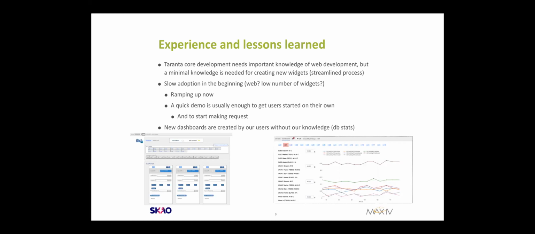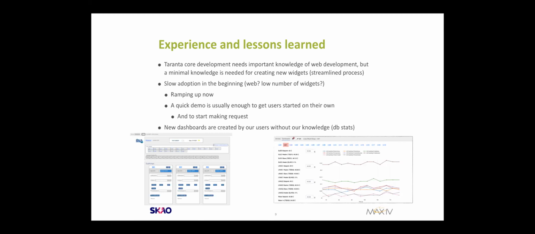And in regards to our users or our user community, there was somehow a slow adoption in the beginning. There could be several reasons. One maybe is because this was web. Our users were not used to web tools, so why change if they already have desktop applications doing the job?